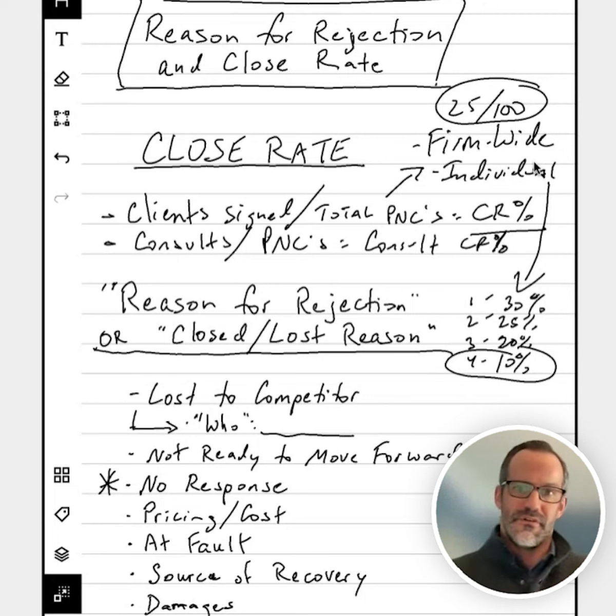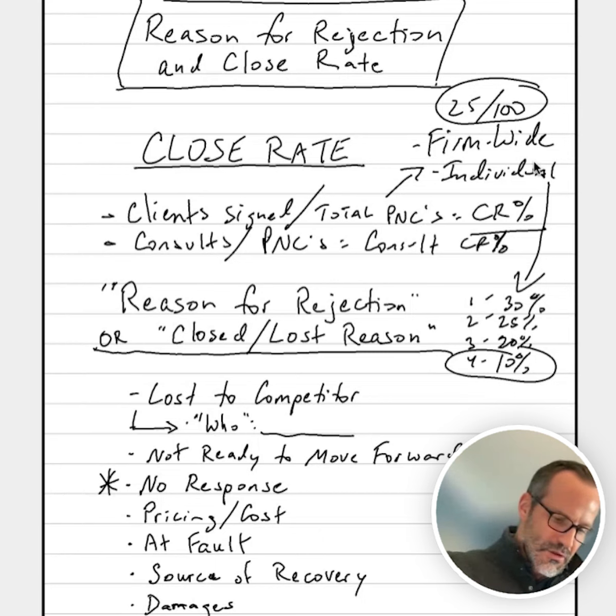Also, if you're a small family law firm, things like that, you've got to do a conflict check. So you need everybody in there. So make sure you are tracking that, putting that into your CRM, whatever case management software, intake software you're using. Very important. Most of them should also have ways for you to calculate this pretty easily. So close rate is the first section of this.